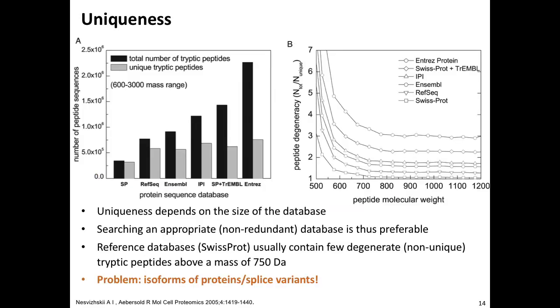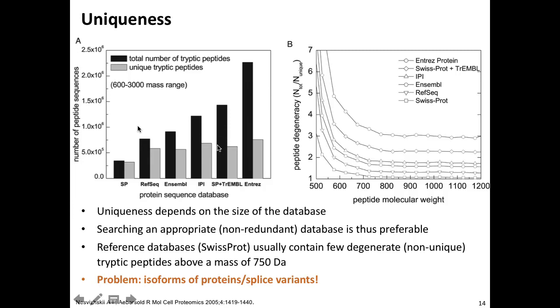So how does it look with the uniqueness? This is a simple comparison of different databases, in particular RefSeq and Ensembl and TrEMBL, that have different degrees of redundancy.